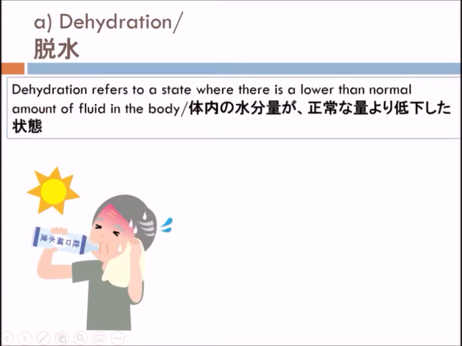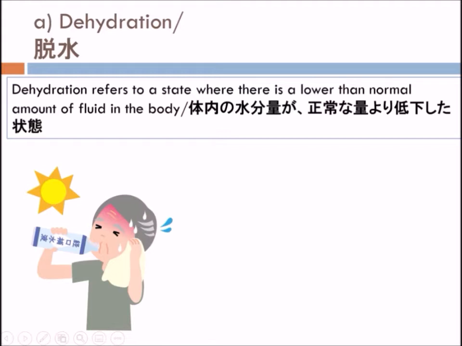Dehydration refers to a state where there is a lower than normal amount of fluid in the body. A constant amount of fluid is maintained in the body, but dehydration occurs when the balance between intake and excretion is lost, caused by diarrhea, vomiting, fever, perspiration, decrease on fluid intake, etc.